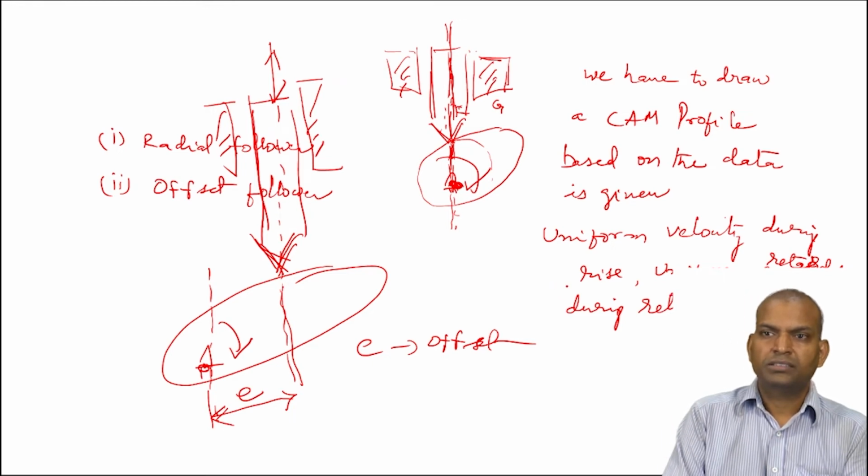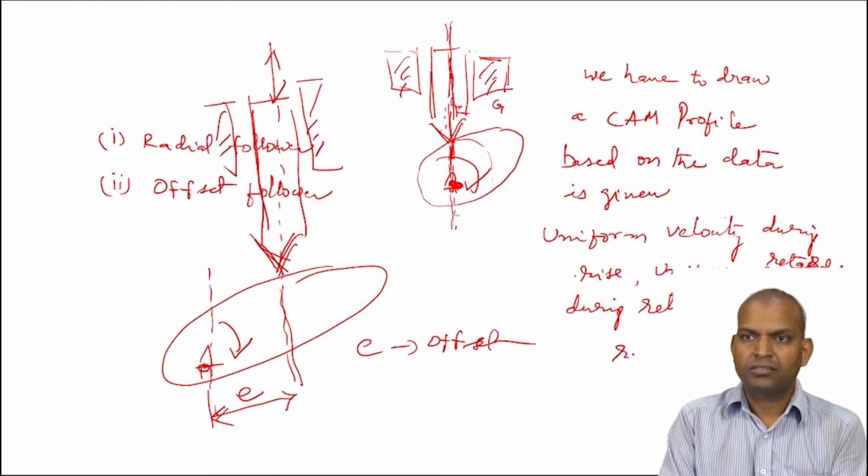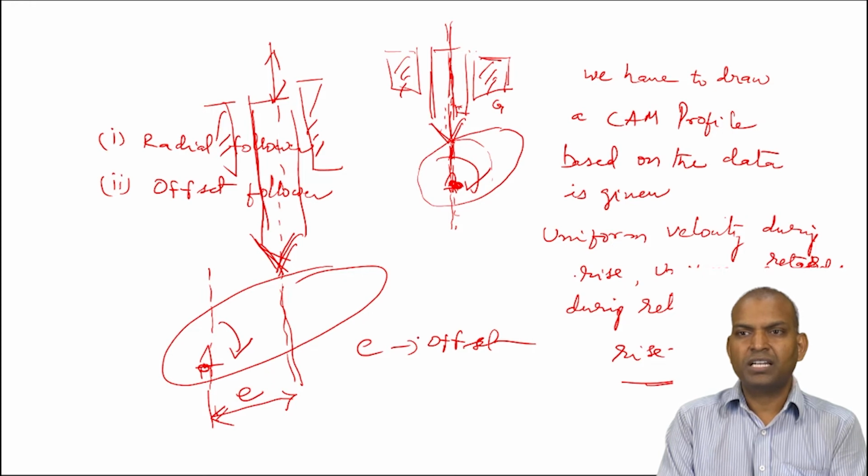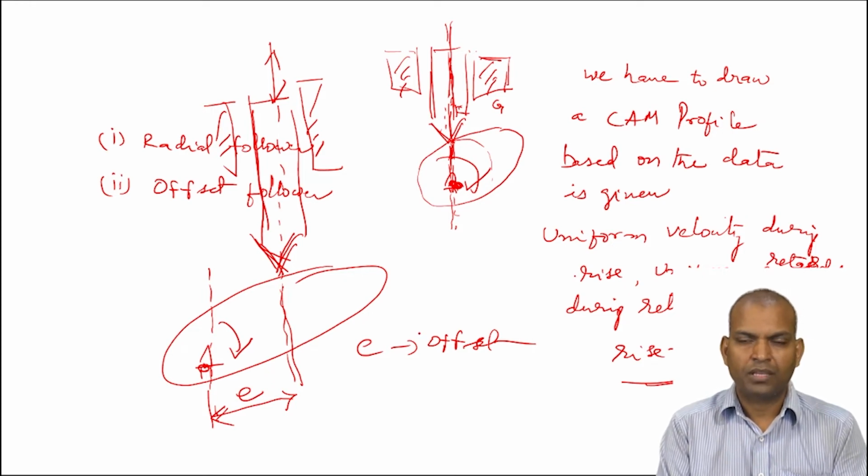So here it will rise, return, and again rise. This comes under the follower type called the rise, return, rise category.